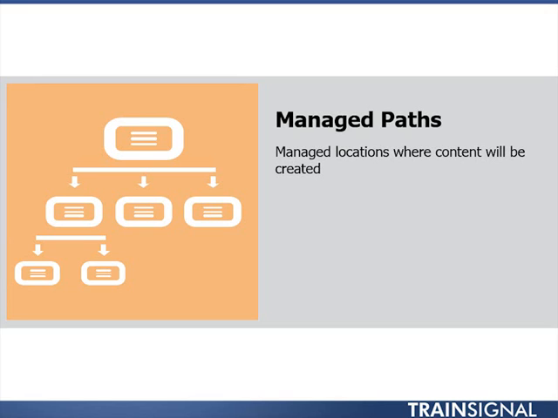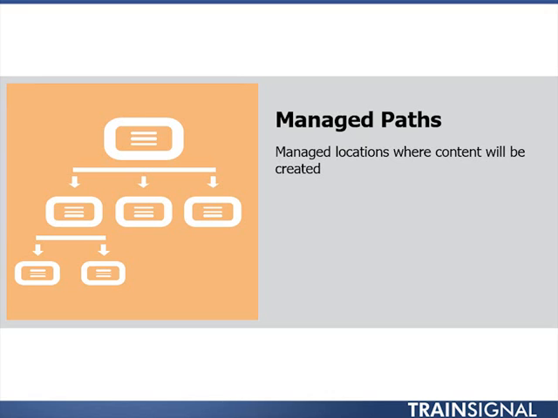Without managed paths, that content will be created willy-nilly, all over the place. It'll be impossible to find. Remember, each site collection alone can have up to 250,000 sites. We need to have some order here. Managed paths make it easier for us to find what we're looking for.